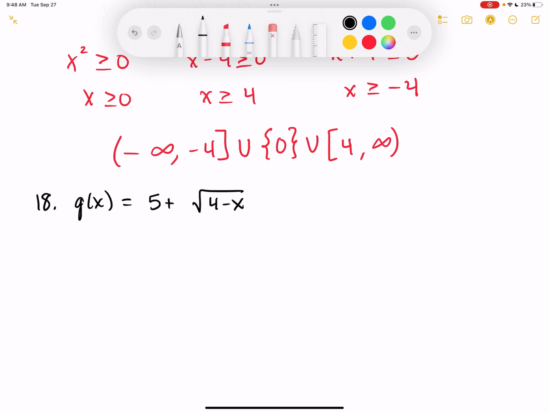Outside. Outside goes up and down. So all we're really concerned about is this out here. Outside goes the same direction as the sign that's with it, so this one's going to go up 5. So my range is just going to be bracket 5 to infinity.